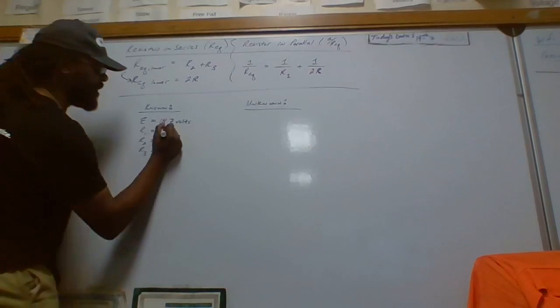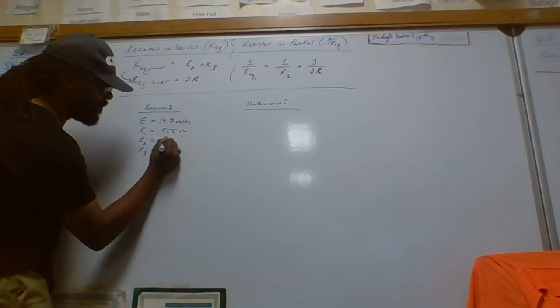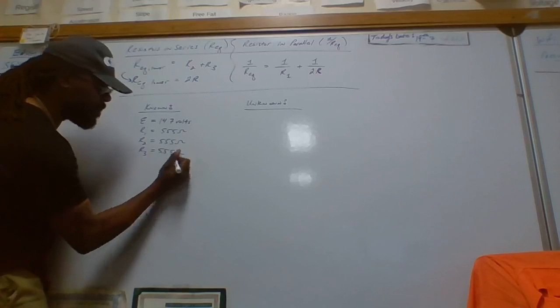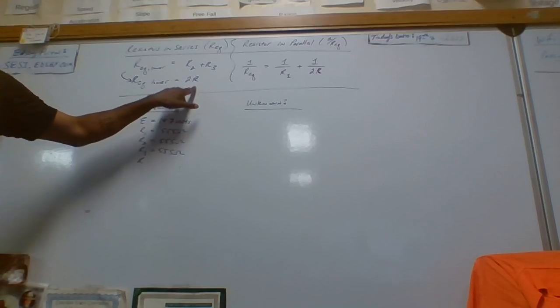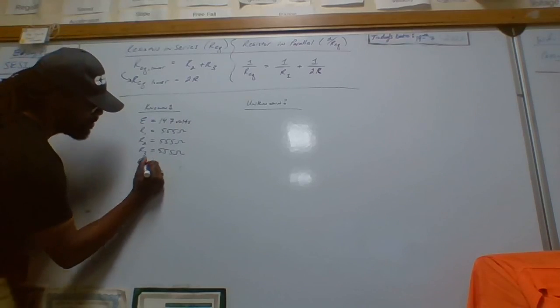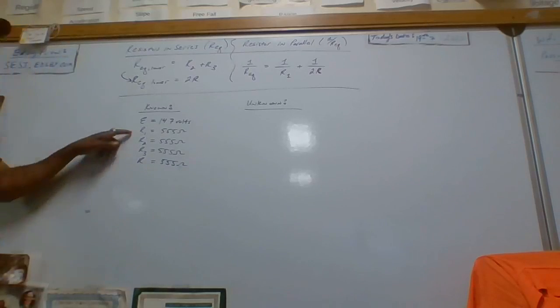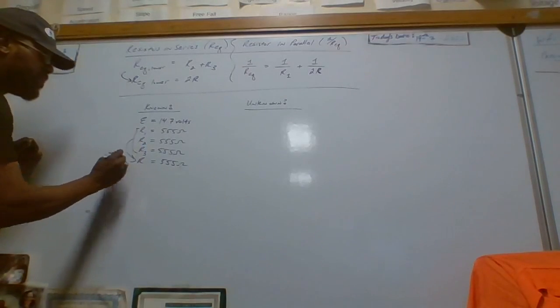Thank you. All the way down, right? So 555 ohms, 555 ohms, 555 ohms, or omega. I'm going to put a big R there because when you do this part, it's still 555, but it's going to be times 2. So R is just 555 omega. All right? R1, R2, R3, just so you know, they're all the same value.